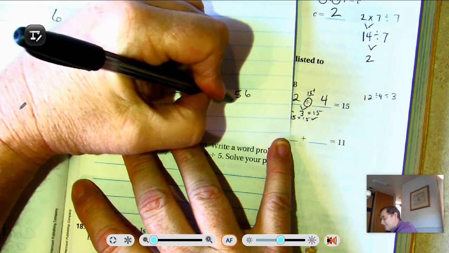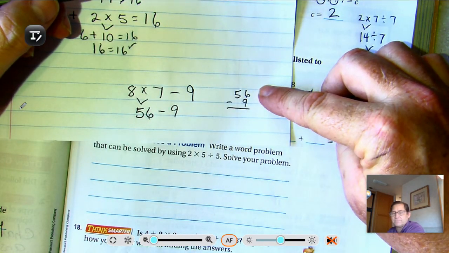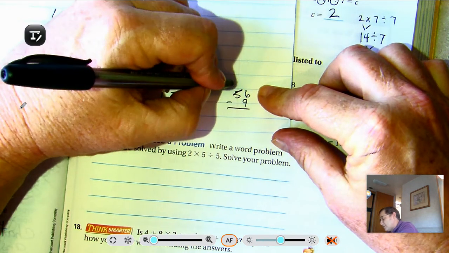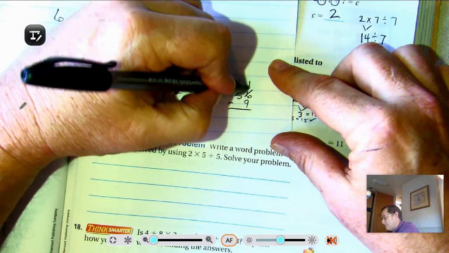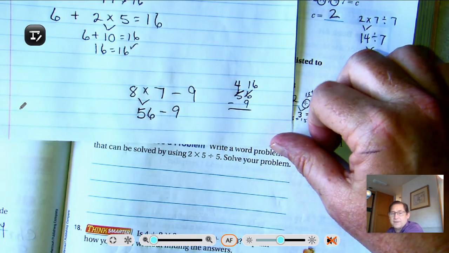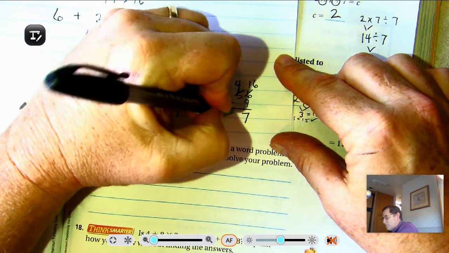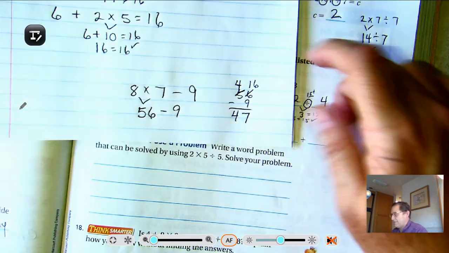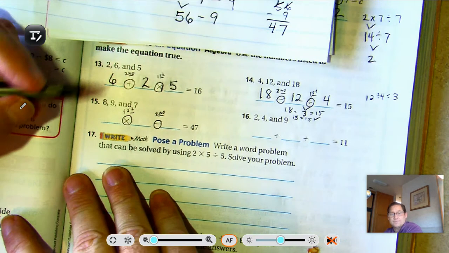Well, what's 56 take away 9? Can I take 9 from 6? No. So I'll regroup the 5 tens as 4 tens and 10 ones. Now we have 16 ones. 16 take away 9 is 7. 4 take away no tens is 4 tens, 47. So that's what we wanted. All right, so that'll work.